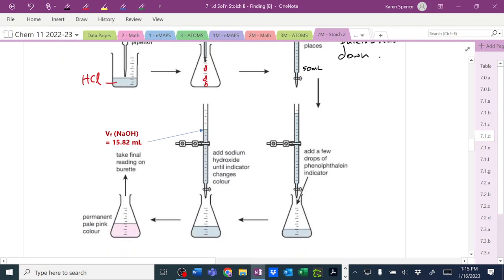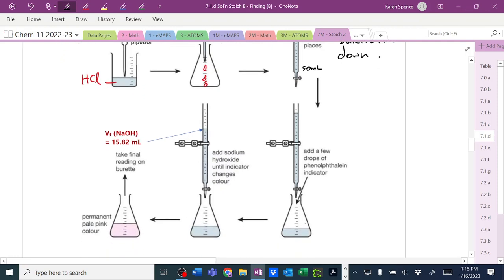All right. We take our Erlenmeyer flask. Remember that this is the HCl. That's our unknown. And we put in some phenolphthalein indicator. Then we start dripping out the sodium hydroxide, right?